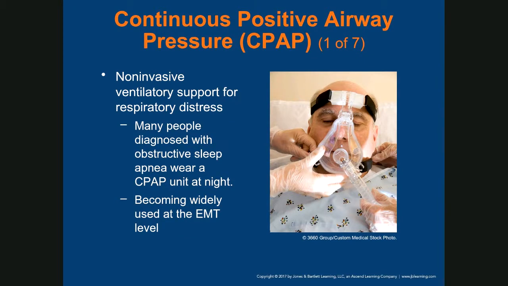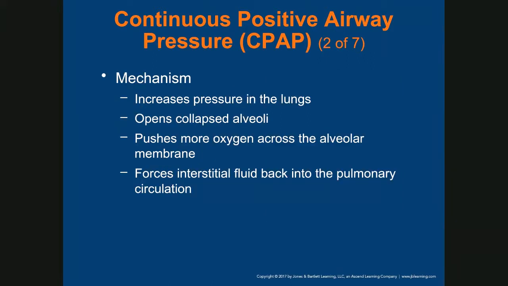Now, it is starting to become quite popular in field EMS, especially with patients with fluid in the lungs, right? It will help to push that fluid out of the alveoli. So it increases pressure in the lungs, it opens collapsed alveoli, it pushes more oxygen across the alveolar membrane, and forces interstitial fluid back into the circulation.